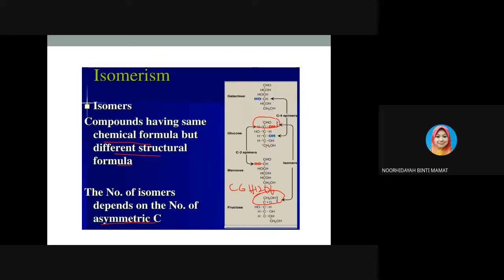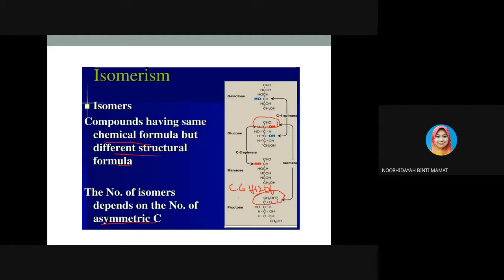If you count in here, they have the same chemical formula, but they are different structurally, which we can also call stereochemically. So these two are different molecules despite sharing the same atoms in the same proportions. This is what we call isomers.